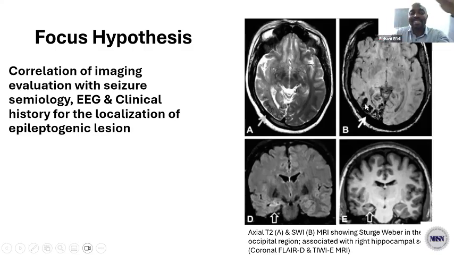So if we don't apply the focus hypothesis, we will assume that this is the cause of the seizure, and then we will miss this associated finding of hippocampal sclerosis, which might in fact be the cause of the seizure. So using the focus hypothesis helps us to focus on the area of the brain that is likely the source of the seizure, and hence helps us to minimize instances of missed diagnosis.